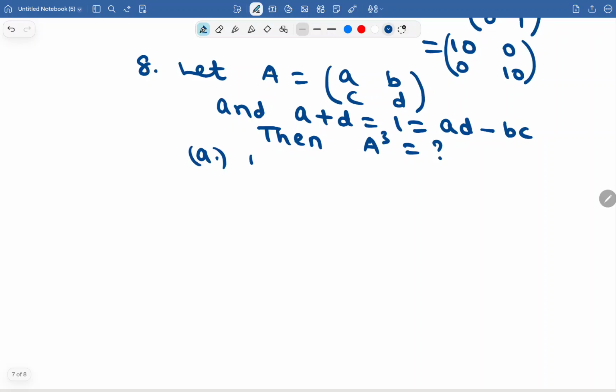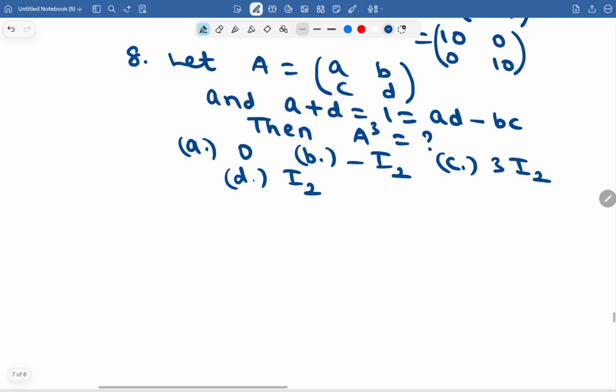Option A, answer is 0. Option B, minus I2. Option C, 3 times I2. Option D, plus I2.